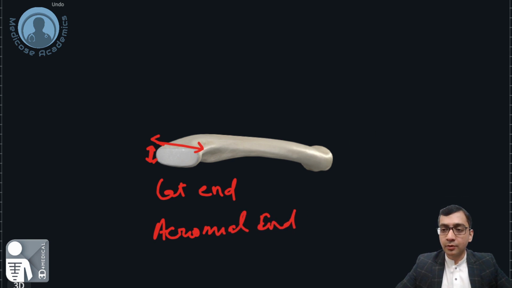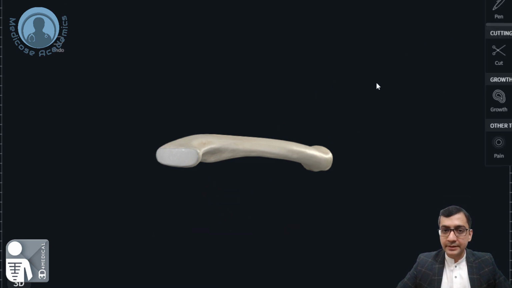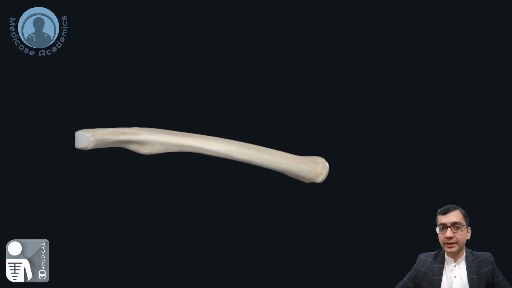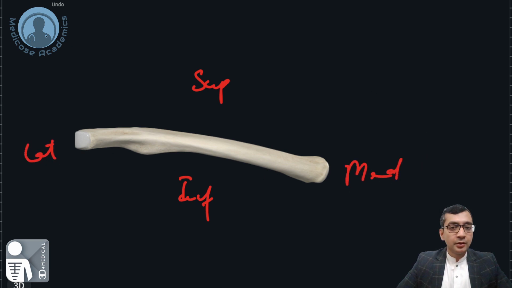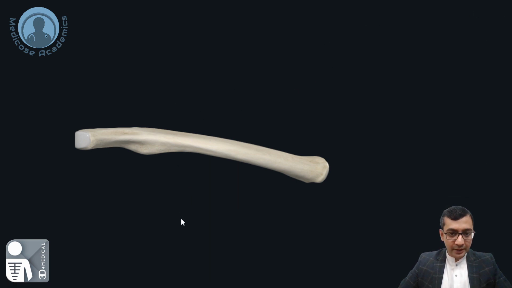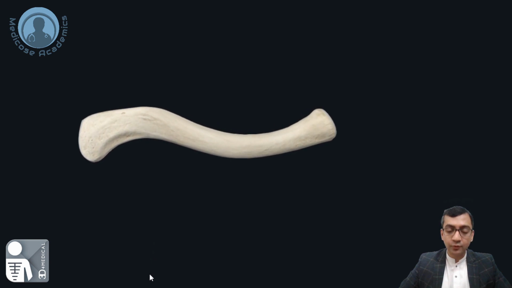So we found out its laterality, whether it is the right side or the left side. Let me go over it again. Here is the superior above, this is the inferior below, this is the lateral, this is the medial. If you got these things straight, then the anterior and posterior can be very well defined if you look at the bone from above.